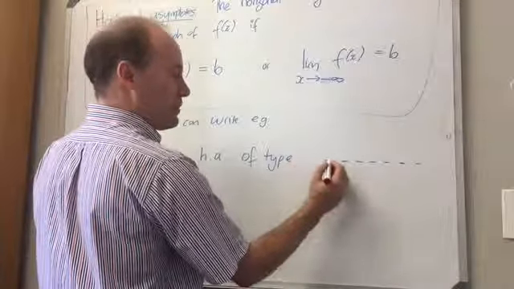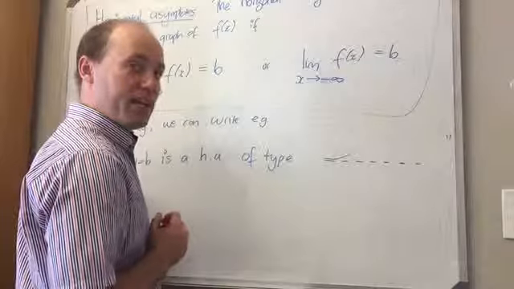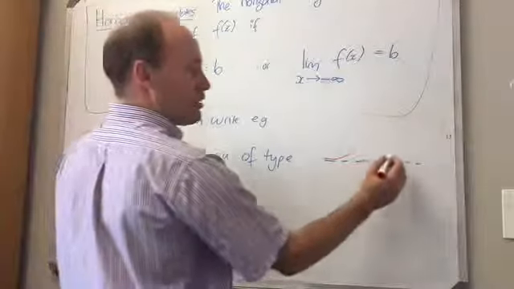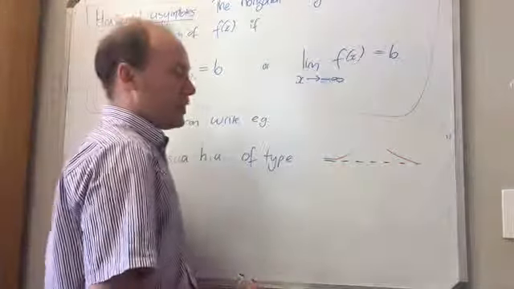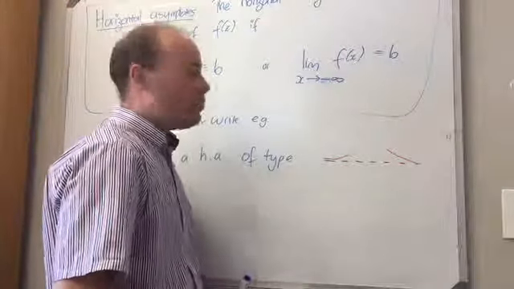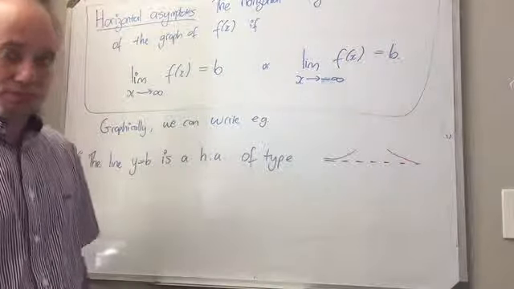So maybe as x goes to minus infinity, the graph's approaching the horizontal line from above. And as x approaches plus infinity, maybe it's also approaching the horizontal line from above. That can happen. Okay, and I will see how this works out in examples now. Examples.